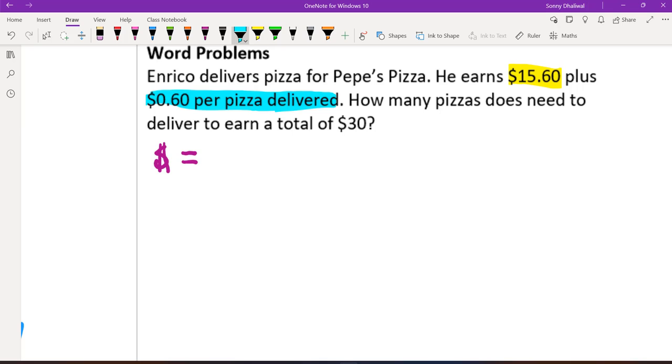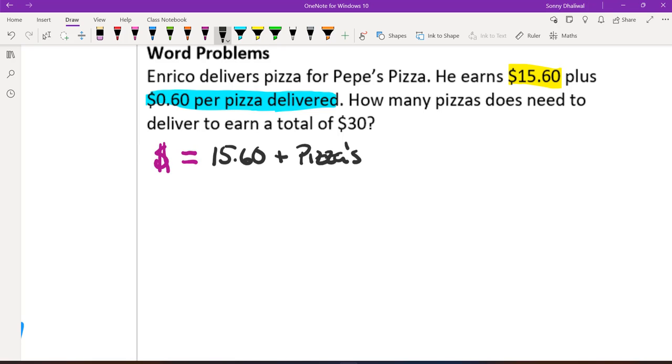So his combined wage is this plus this. That makes sense, right? So here we have $15.60 plus the money he earns from delivering pizzas. Okay? I'm going to write down just "pizzas" here, just for now, all right?